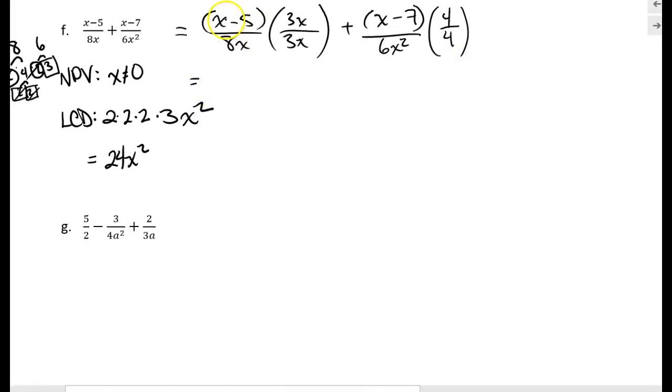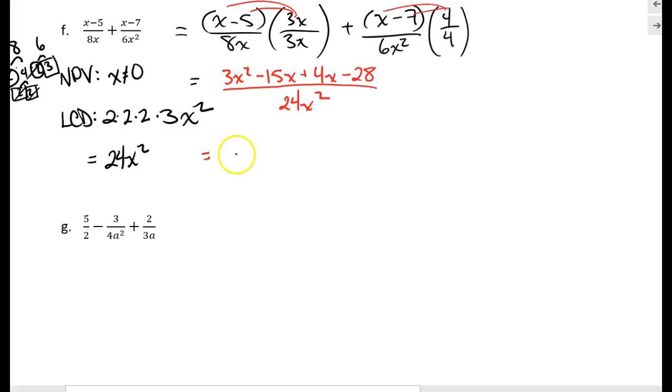So in this case, I'm going to again have to distribute through my brackets. So I'm going to end up with 3x squared minus 15x plus 4x minus 28 all over my common denominator of 24x squared.